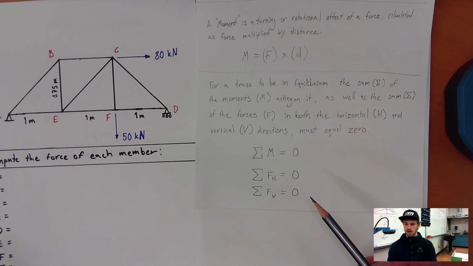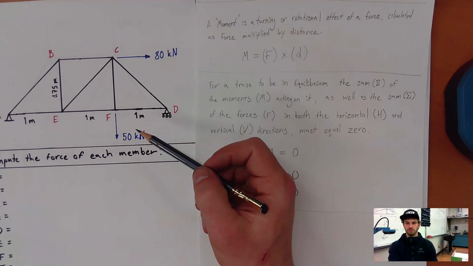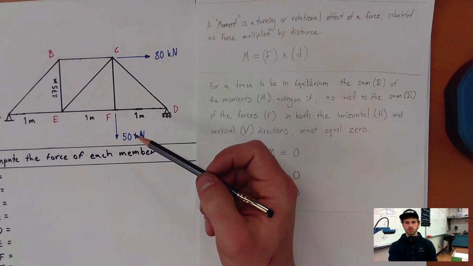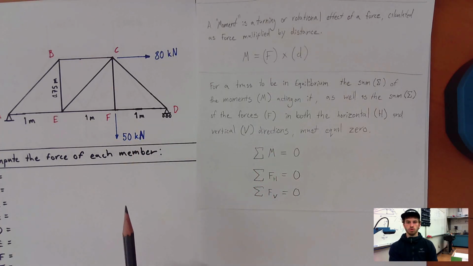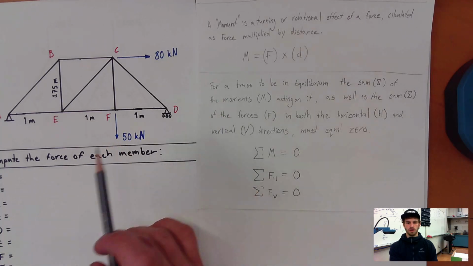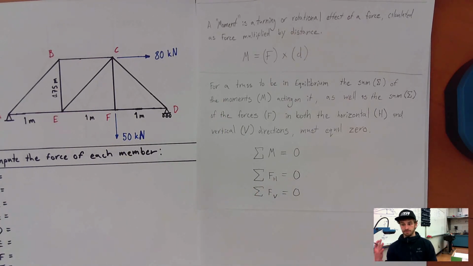It's Newton's third law: every action must have an equal and opposing reaction. So if a weight is pulling down in the center of a truss, for example this 50 kilonewtons here, there must also be an equal and opposite reaction of 50 kilonewtons pushing up through the supports. We keep that in mind and go from there.